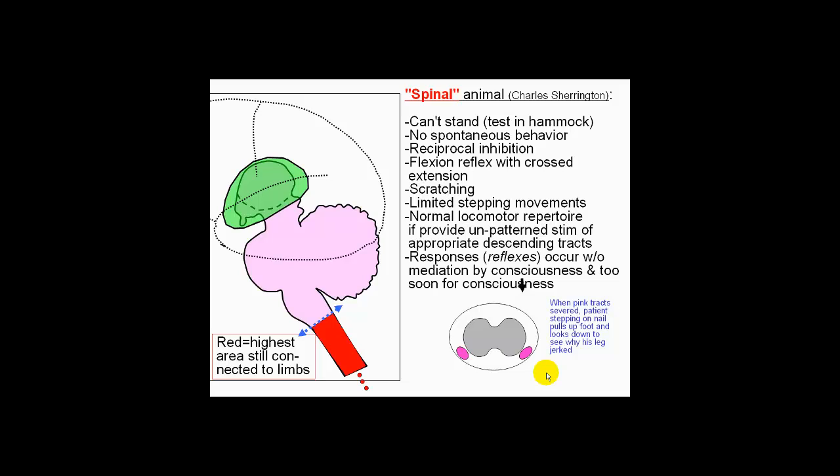And depending upon how strong you stimulate him, you can get all the gaits. In a four-legged animal, you can get trotting, walking, galloping, all these coordinated gaits, all mediated by the spinal cord. So all the circuitry, all that kind of stuff is in the spinal cord.